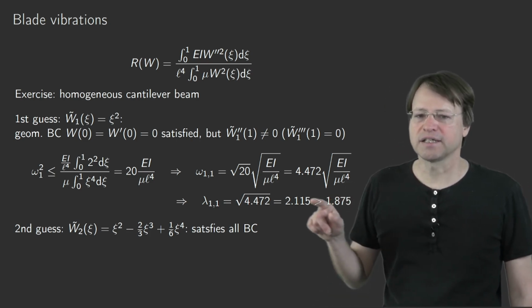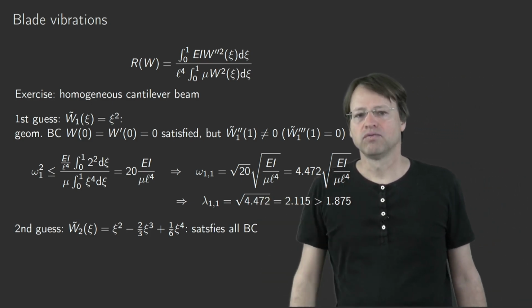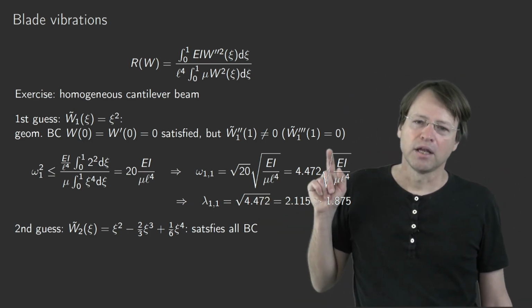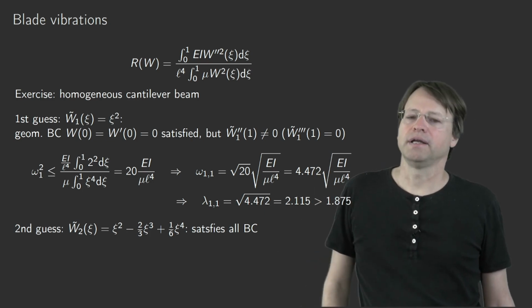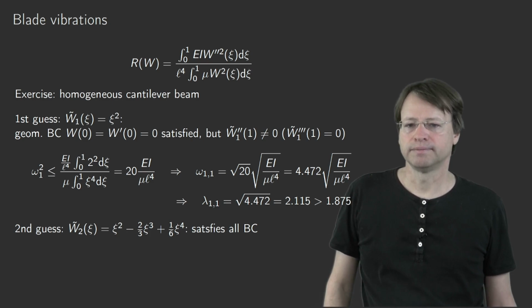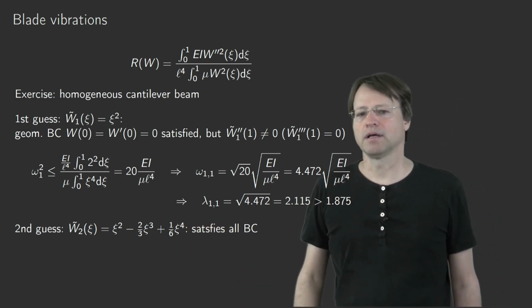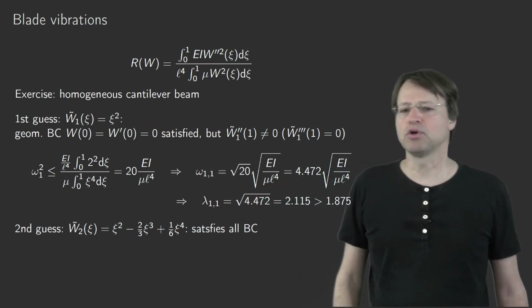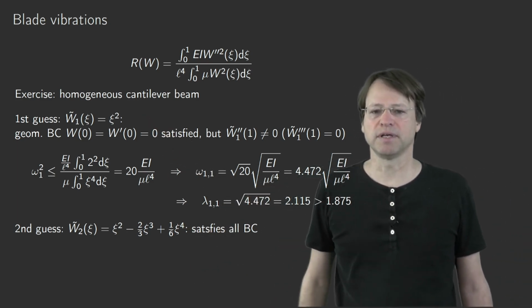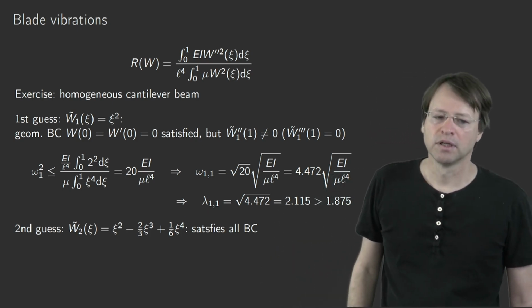A guess that satisfies now all the boundary conditions, so ideally suited for a projection on the mode shapes. As you can see, I enlarged the polynomial space used here for approximation to third and fourth power, such that the boundary conditions are then satisfied.